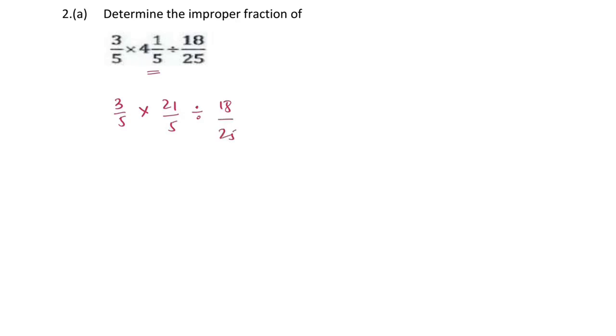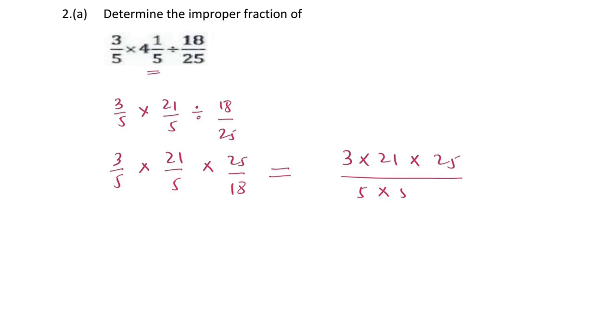Okay, so next we are going to change this division sign into multiplication. Then our expression is going to be 3 over 5 times 21 over 5 times 25 over 18. Now let us rewrite this expression. We have 3 times 21 times 25 over 5 times 5 times 18.